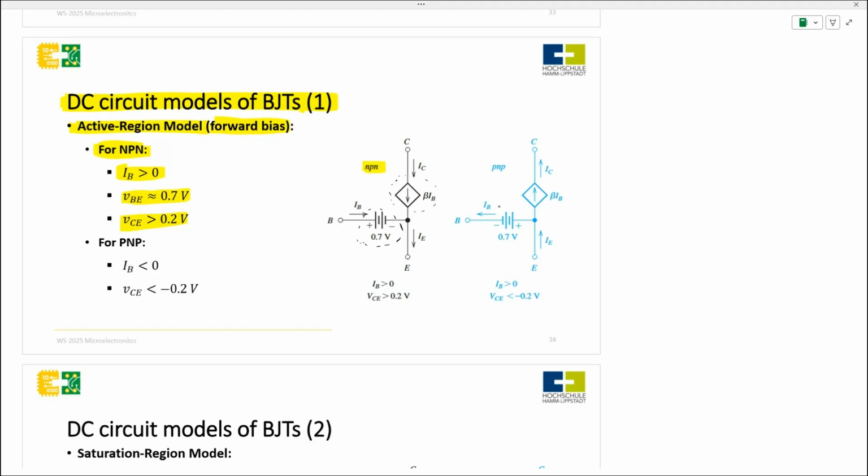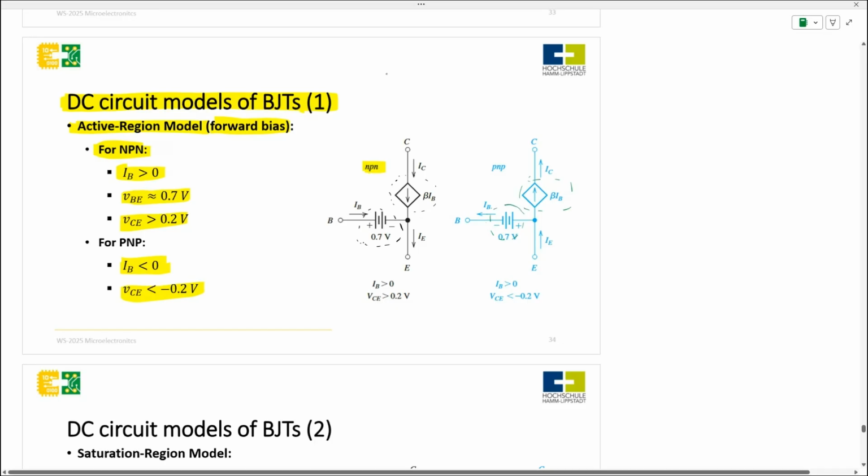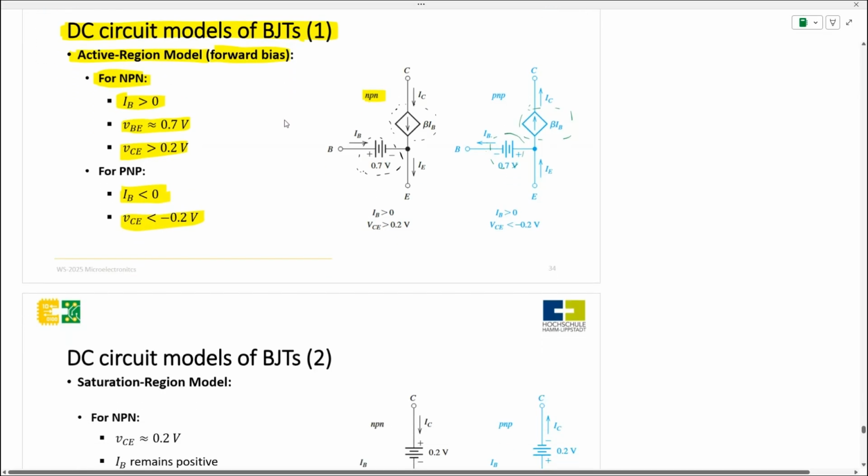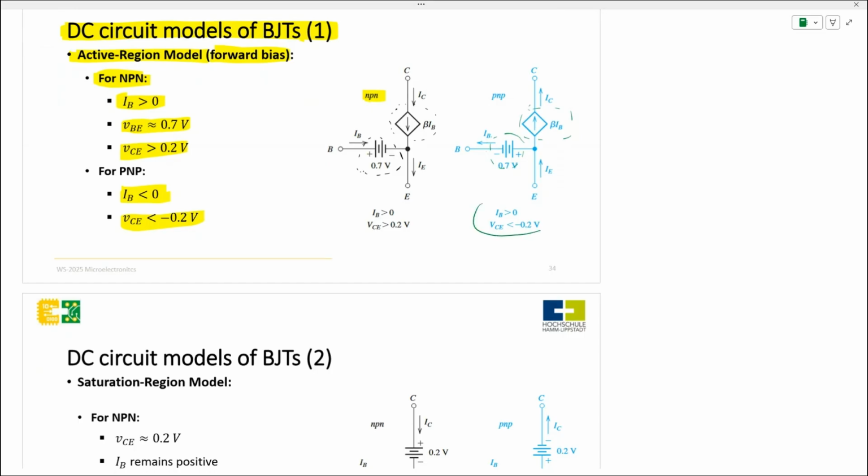Here it's the opposite. Your IB is inferior to 0, and your VCE is inferior to minus 0.2 volt. So here is your part here. And basically that's it. This is how it looks.